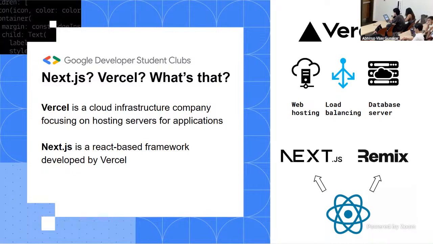Or if you want to connect your backend, you also have to build your own API layer. With Next.js or a similar framework, it comes right out of the box, and they also add more stuff for you to tinker with. So basically, they just abstract all of the complex stuff away so you can just use it. In my opinion, Next.js and Remix are more like a car, and React is more like an engine.